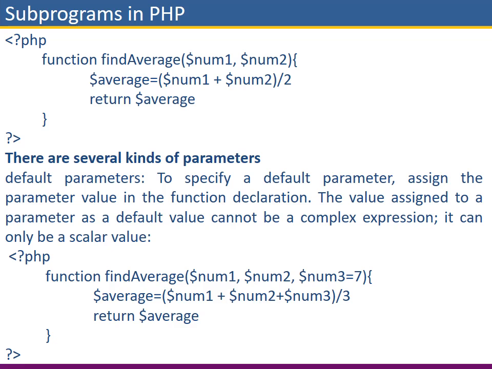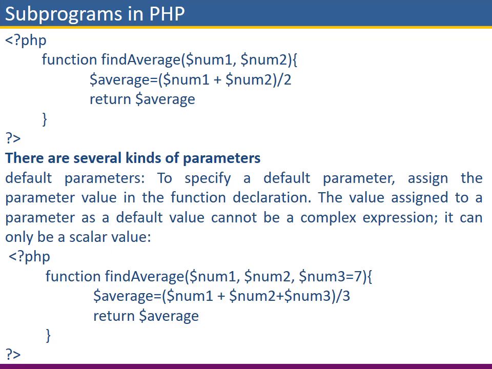So we have this value, like $num3 assigned to be 7. We have a value for this last parameter given here in this code to be 7.